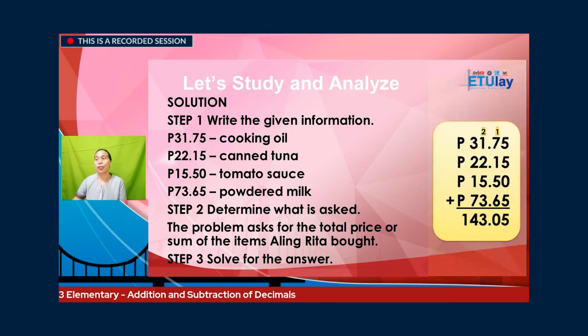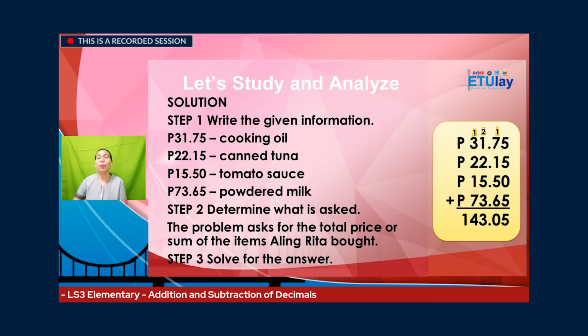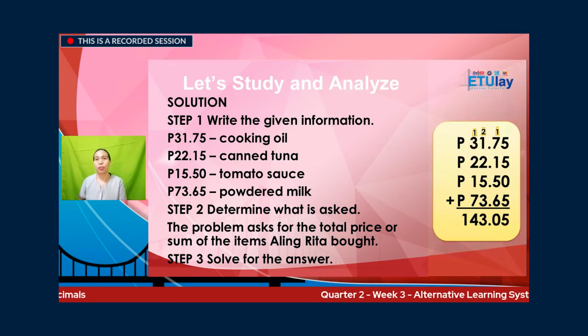Bring down 0, carry 2. Next, 1 plus 2 plus 5 plus 3 plus 2, it's 13. Bring down 3, carry 1. Then the last, 3 plus 2 plus 1 plus 7 plus 1, it's 14. So we got 143.05.